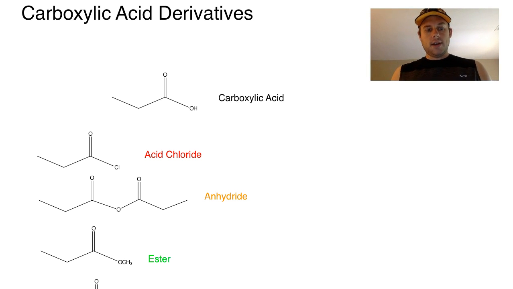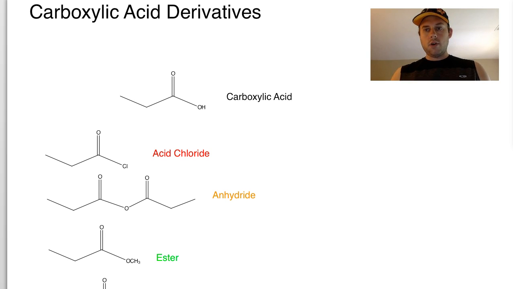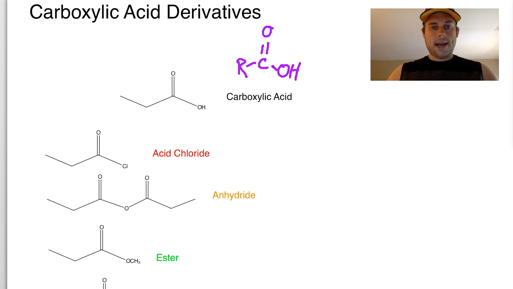To get started, if you take a look, we've got the normal carboxylic acid. When we have a carboxylic acid, one of the things we should consider, in relation to the derivatives, is this functionality right here. This is really what defines the carboxylic acid.